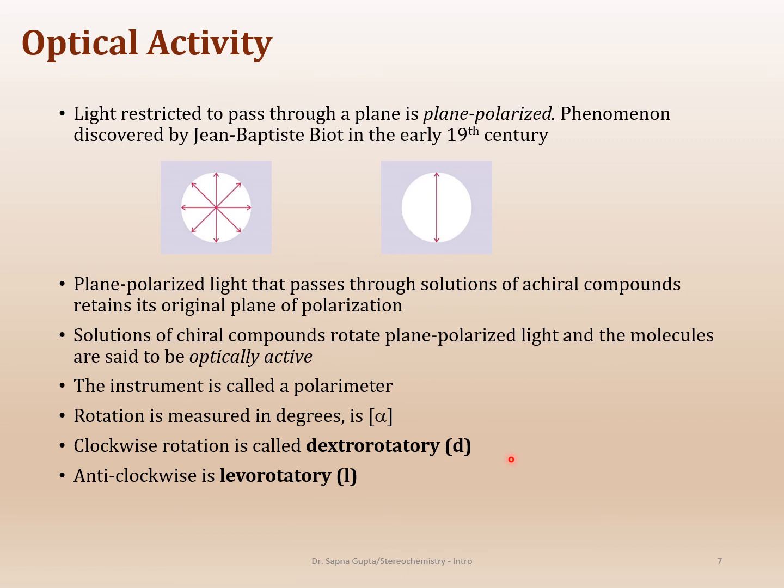It's really important that you know it's a small d and a small l, because in organic chemistry and biochemistry, you will also encounter capital D and capital L. You have to be careful not to mix up capital and lower case letters. So those two words you're going to learn. The rotation is measured in alpha, which is a degree thing, so that's not so critical. These two words are going to be critical for us.